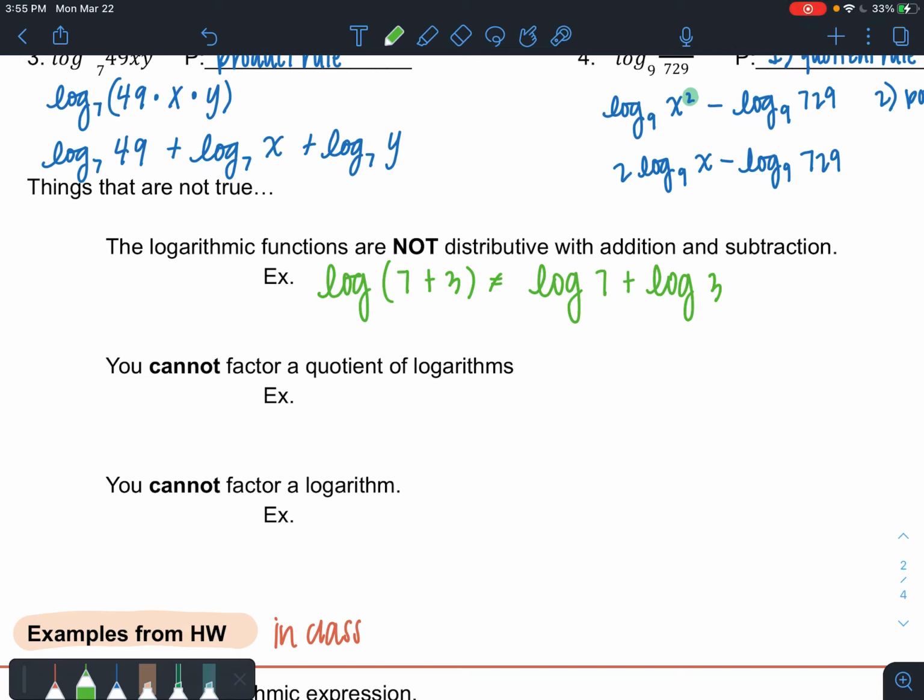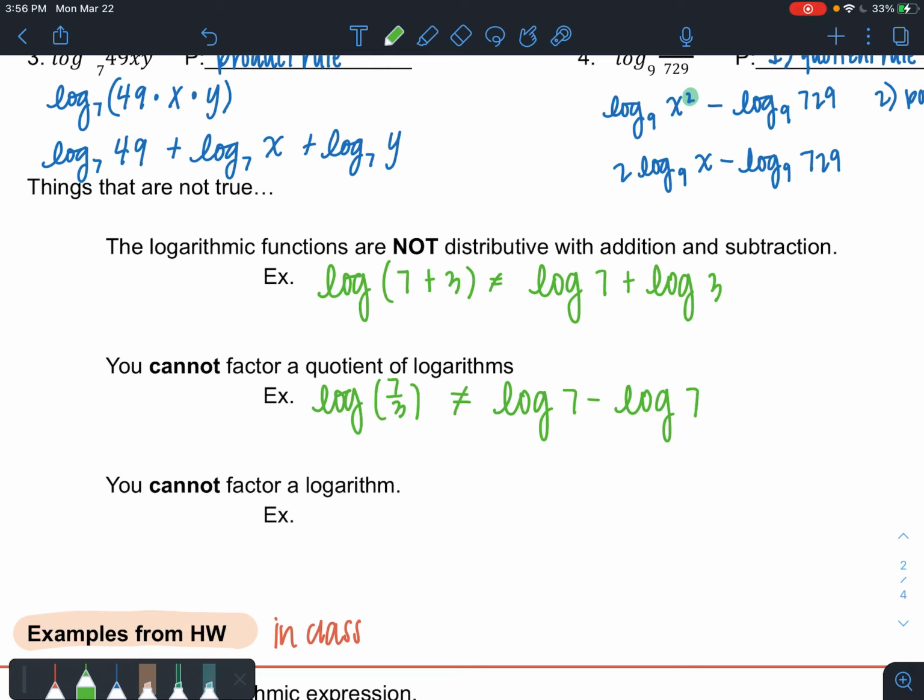Okay, you can't factor a quotient of logarithms. So if you have log of 7 over 3, that does not equal log of 7 minus log of 3. And finally, you cannot factor a logarithm.